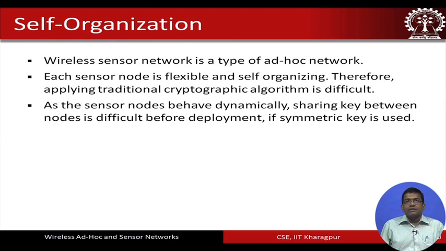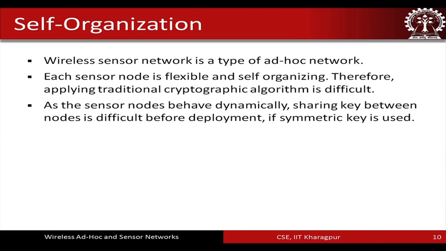Third is self-organization. Self-organization in ad hoc networks, sensor networks is very important. So, we have a typically dynamic kind of topology, and many things are dynamic by virtue of self-organization, because of which the application of the traditional cryptographic algorithms is difficult. Traditional cryptographic algorithms like RSA, etc., assume that the overall topology remains fixed over time and does not change.